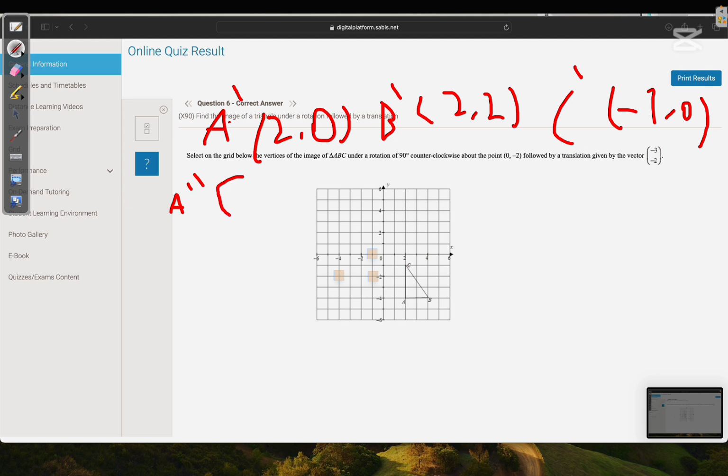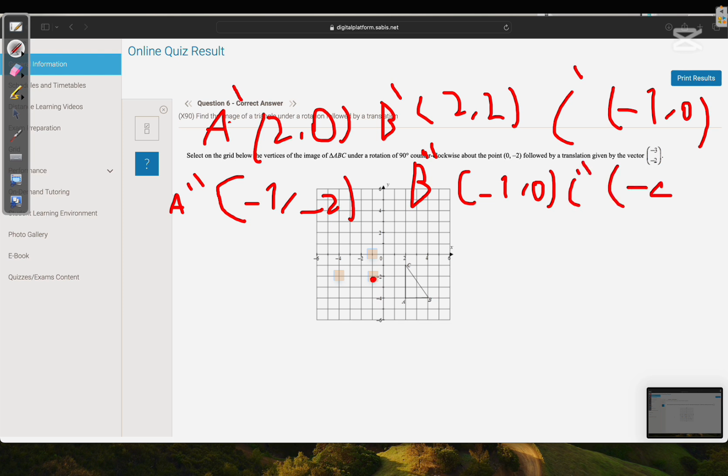So A prime prime would be -1, -2, which is here, and then B prime prime would be equal to -1, 0, and then C prime prime would be -4, -2.